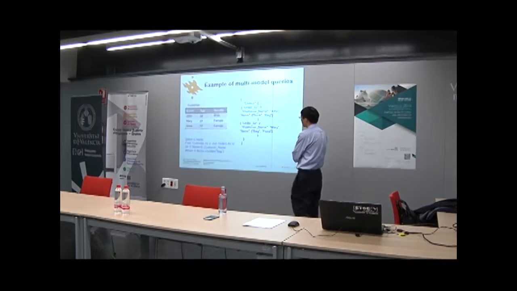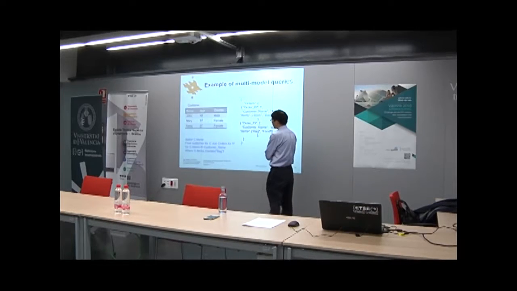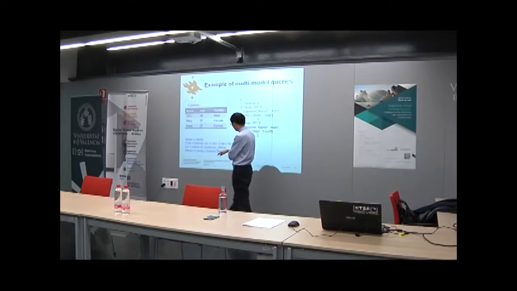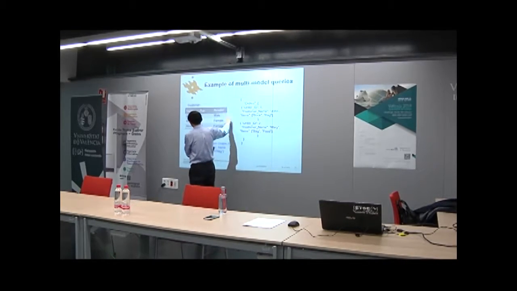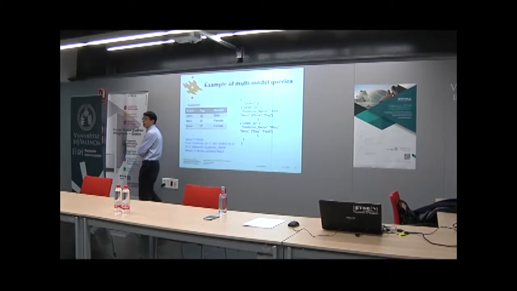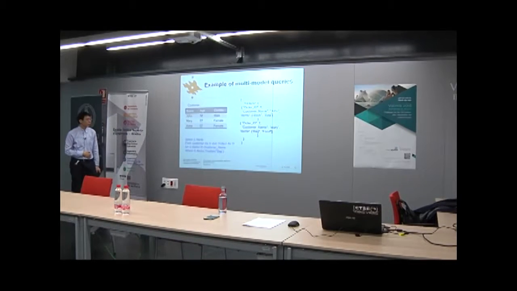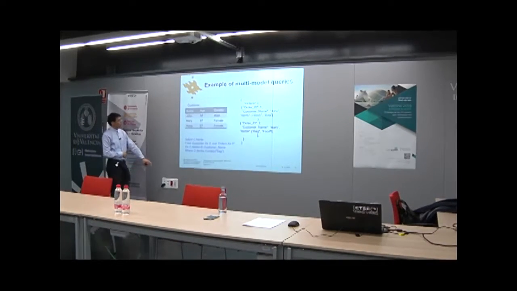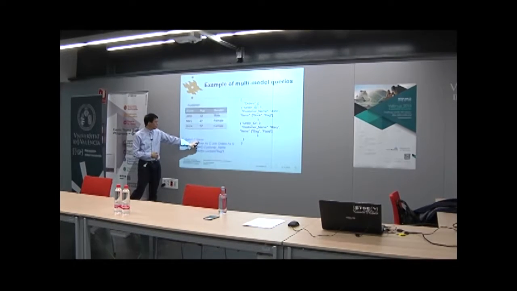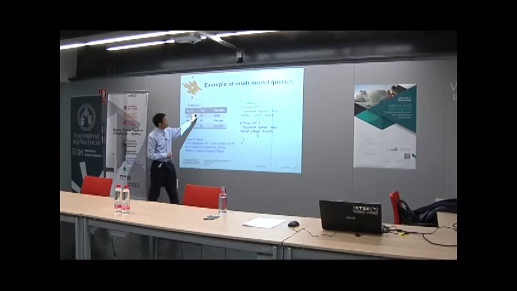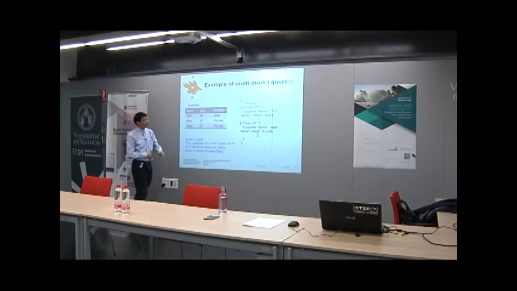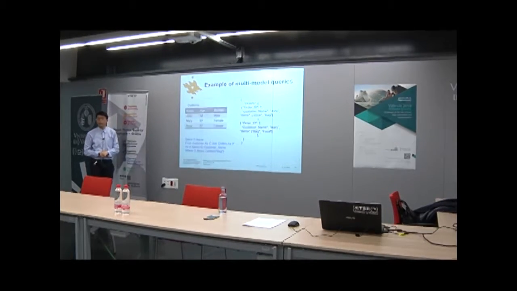This kind of query is an extension of the SQL query, but we want to do a join between the relational table and the JSON file. So this is select-from-where. This is very similar to the SQL query language. It means we want to see the customer name, and do a join by customer name between the table and the JSON file.